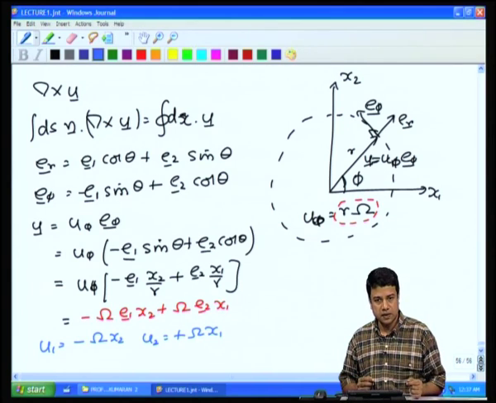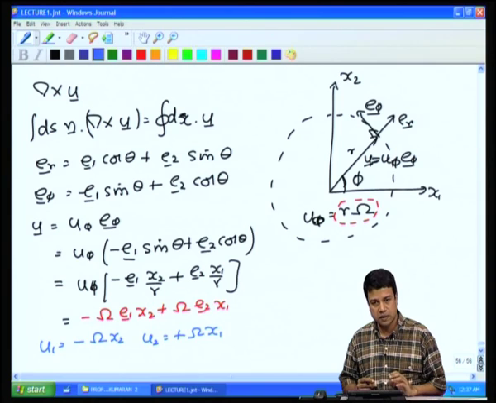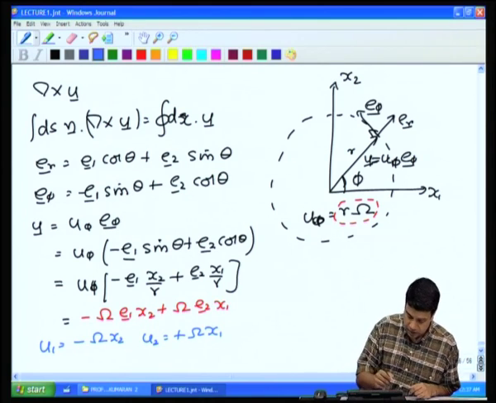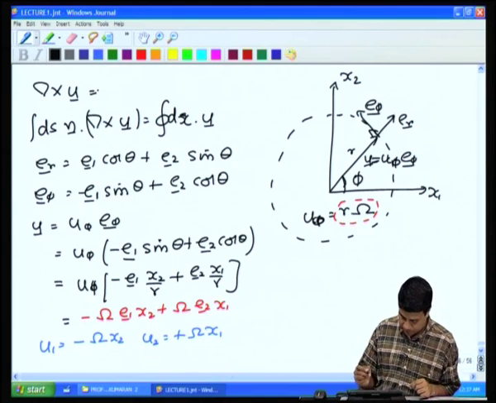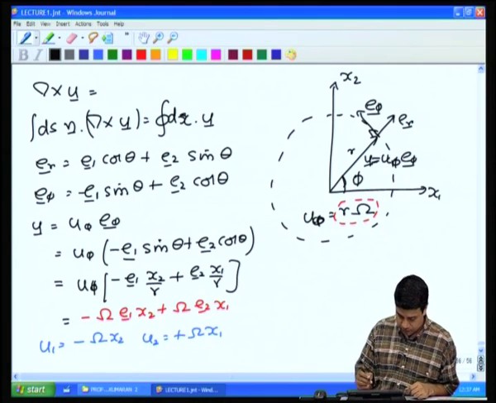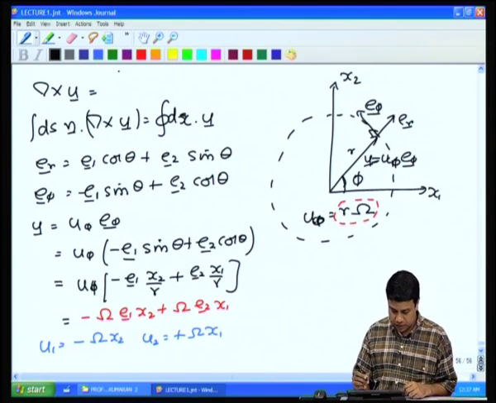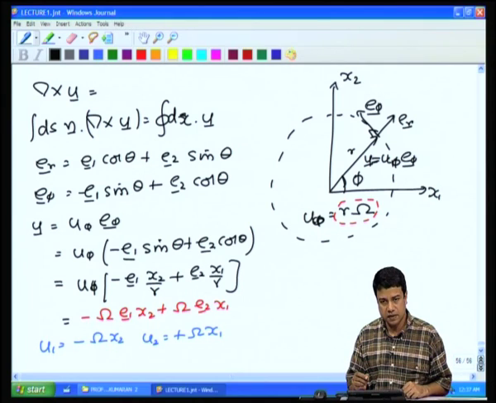One thing you can immediately see, for this velocity field, the divergence of the velocity is equal to 0. Partial u1 by partial x1 plus partial u2 by partial x2 is identically equal to 0. Now, next if I take the curl of the velocity field, del cross u, I can expand it out because I do not have a velocity in the x3 direction. So, I just have velocity in the x1 and x2 direction.